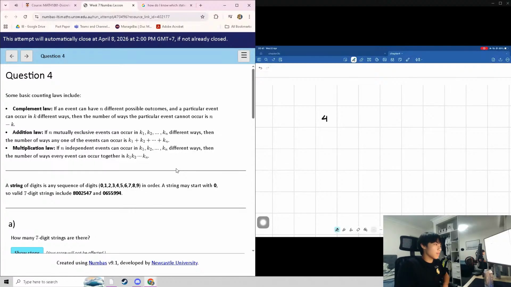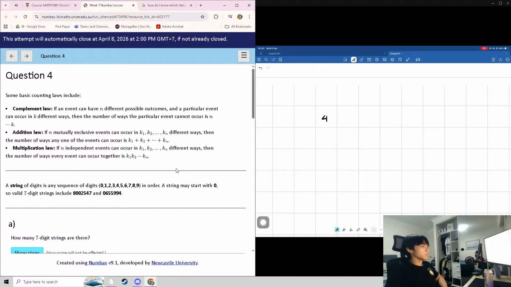If there are n mutually exclusive events that can occur in k1 to kn different ways, then the number of ways one of the events can occur is k1 plus k2 plus all the way up to kn. If n independent events can occur in k1, k2, kn ways, then the number of ways every event can occur is found by multiplying.